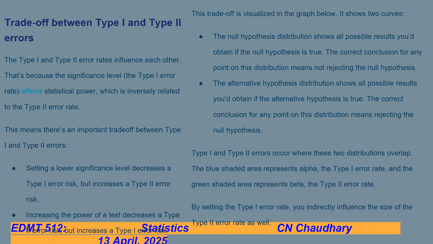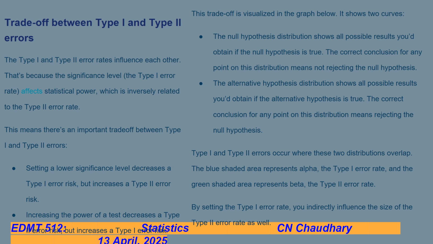Setting a lower significance level decreases the type 1 error risk but increases the type 2 error risk. Increasing the power of a test decreases the type 2 error risk but increases the type 1 error risk. This trade-off is visualized in the graph shown in the next slide.